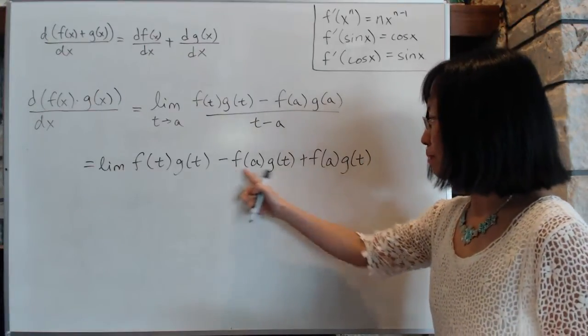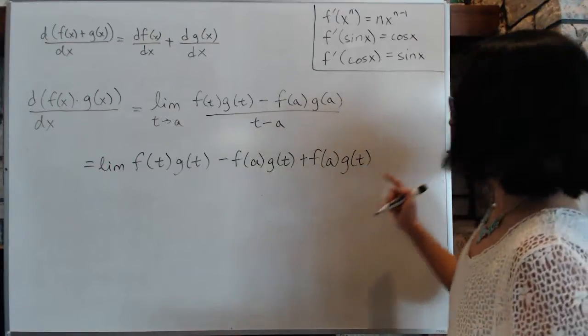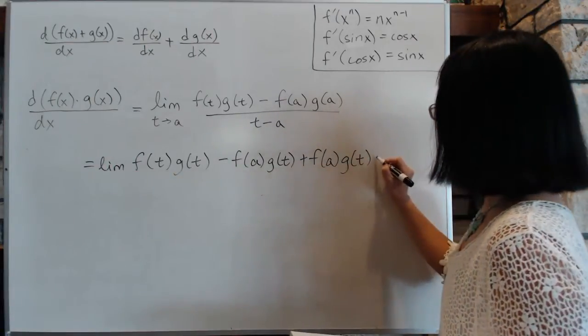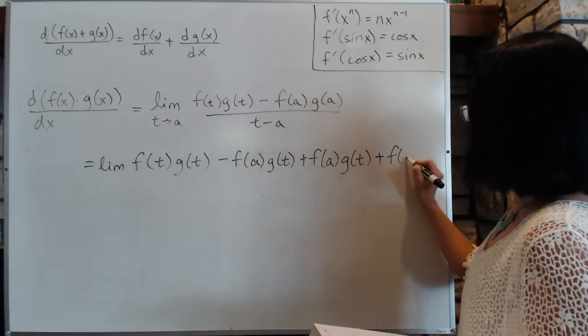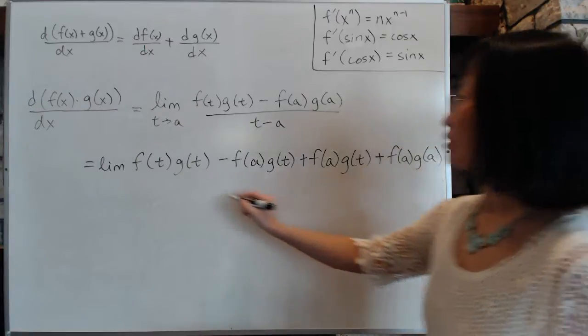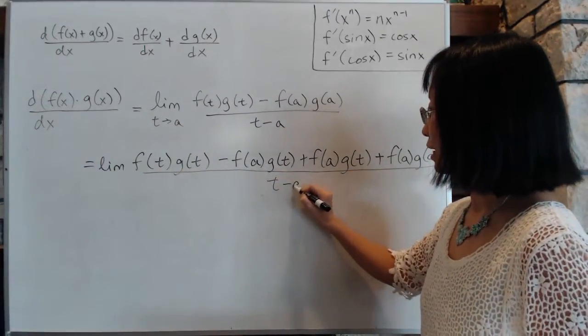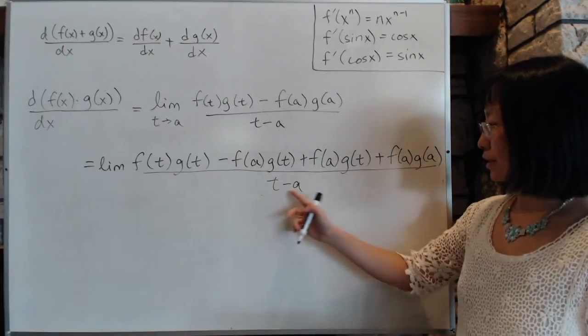So in doing this, we're minus f(a)g(t) plus f(a)g(t), which means that we add a 0, and so the equation still holds. And we continue and write down the rest of it, f(a)g(a), and the whole thing, of course, is over t minus a as we take the limit as t approaches a.